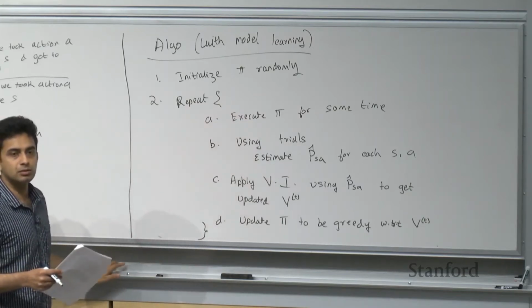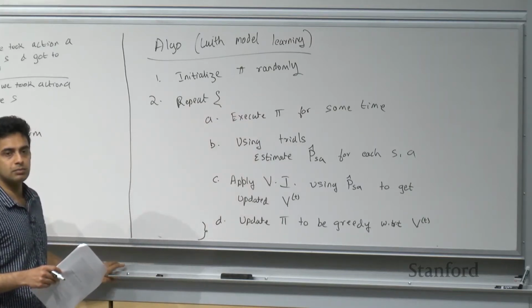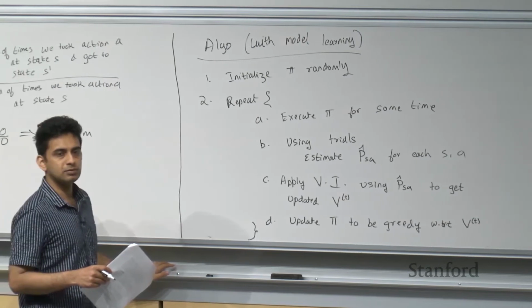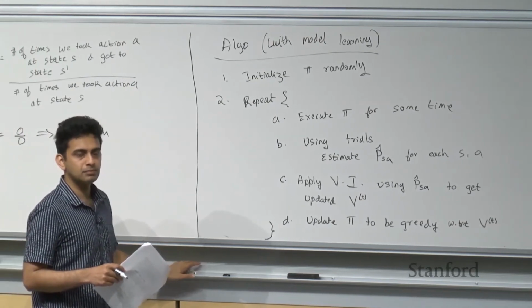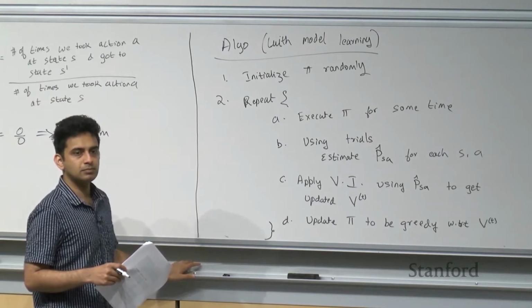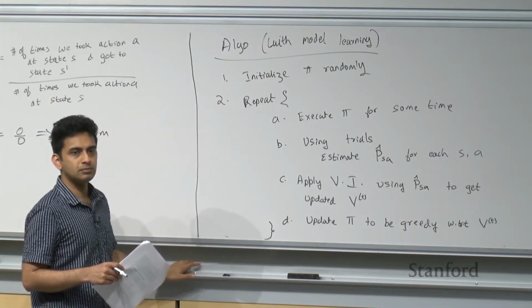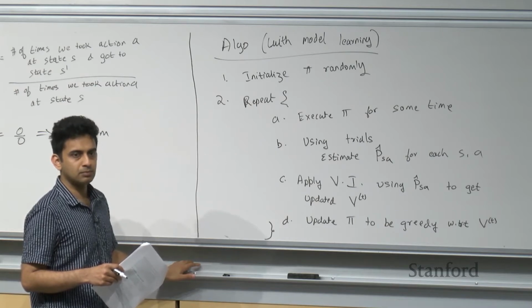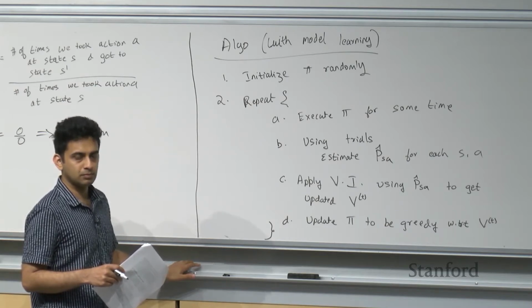Yes, question? You said one of the problems with what I said was that to estimate p hat SA, you need to start at different S's, but we don't have exact control over that. But we can still use substrings of our whole episode as episodes, right? If you start from state 1,1, and in the middle you go to state 5,4, and the end state is 9,9, you can use part of those episodes as new episodes.